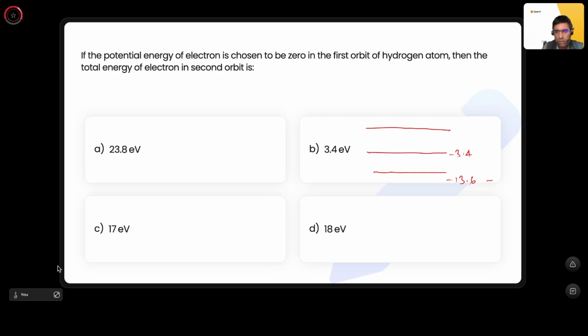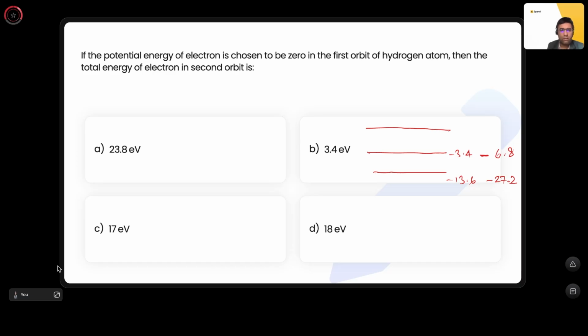So it is minus 27.2, minus 27.2. It will become minus 6.8 over here, whatever.